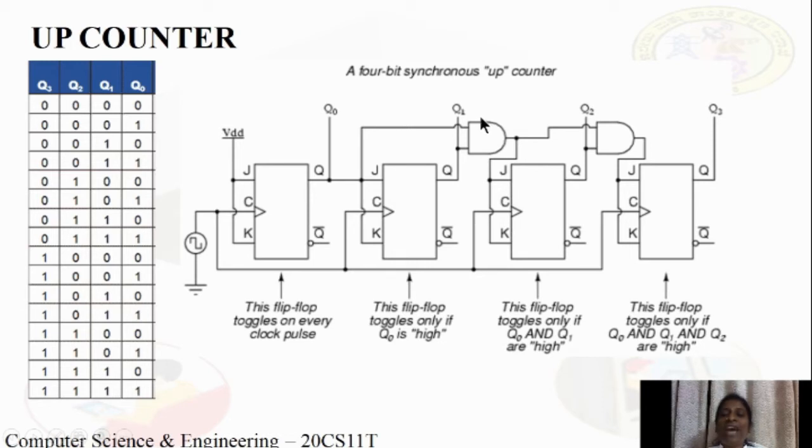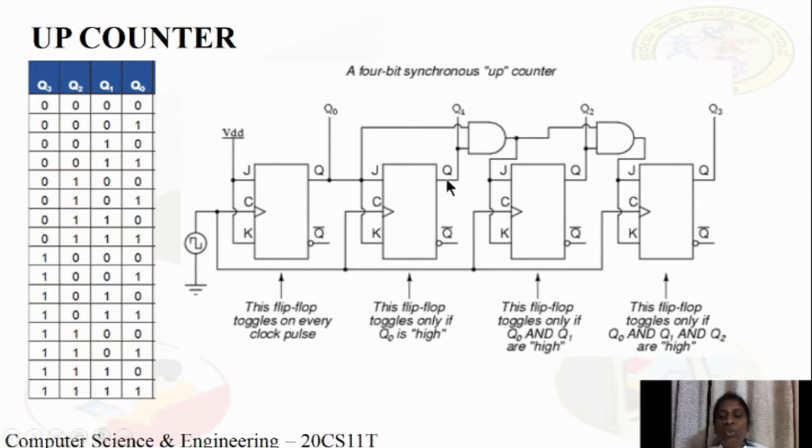ಅದಕ್ಕೋಸ್ಕರ we have inserted one AND gate here for fetching the output values from the first flip-flop and the second flip-flop. The two high input values. Okay, so Q0 is connected as the first input value for this AND gate.